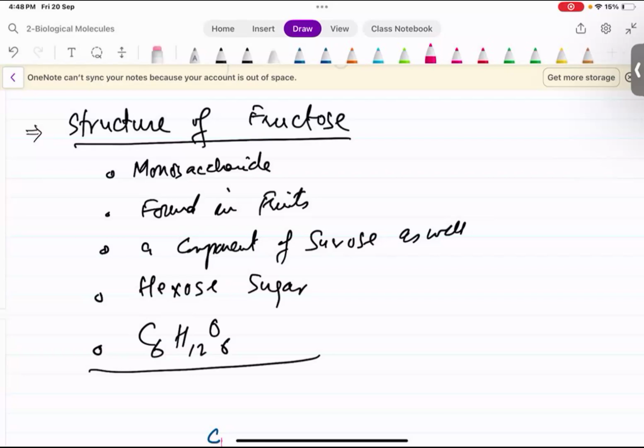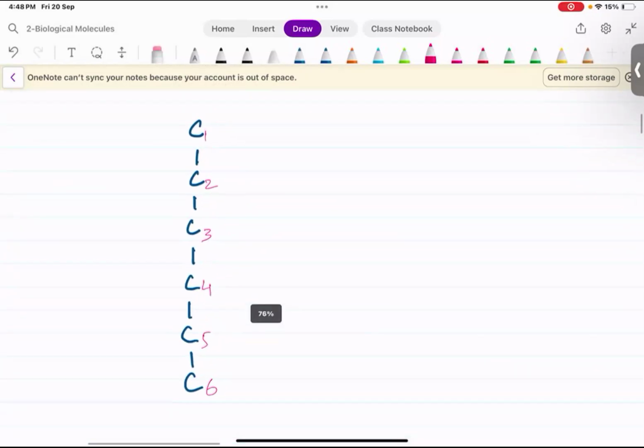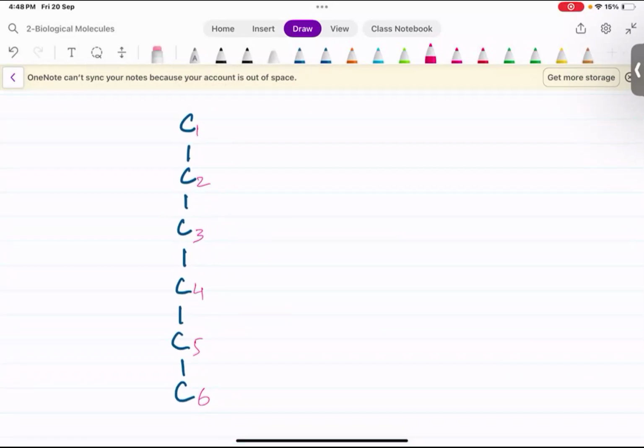Yes, sir. Now let's see, these are 6 carbon. Similarly, as we discussed in glucose, there is an OH group on right side. There is an OH group on right side. There is an OH group on right side. But carbon number 3 has an OH group on left side. And this has hydrogen here.